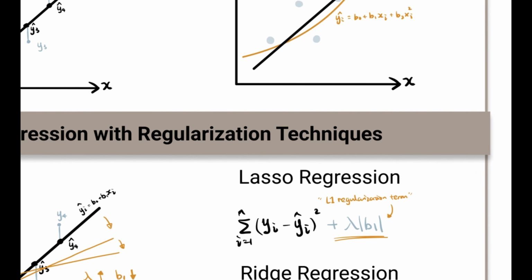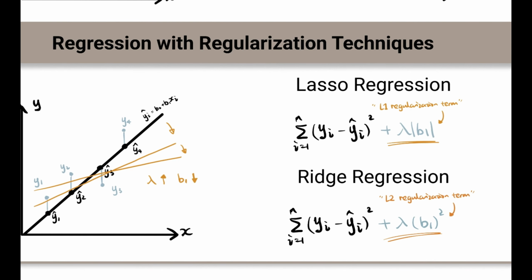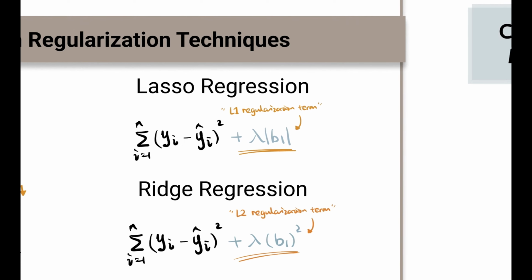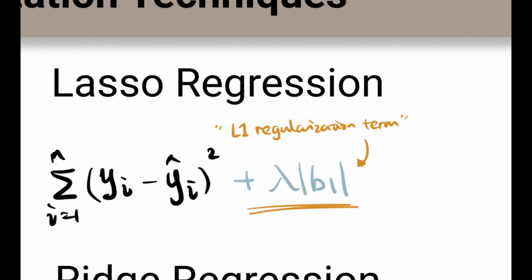Now let's talk about regression models with regularization. Lasso regression is a variation of linear regression with L1 regularization. Simply put, it adds an extra element to the RSS that regression models are trying to minimize. It is called L1 regularization because this added regularization term is proportional to the absolute value of coefficient b1, with the degree of 1.